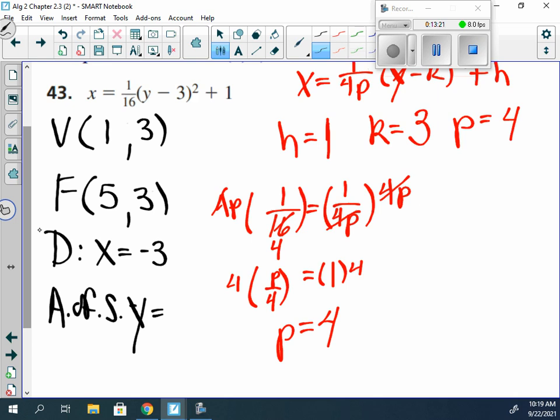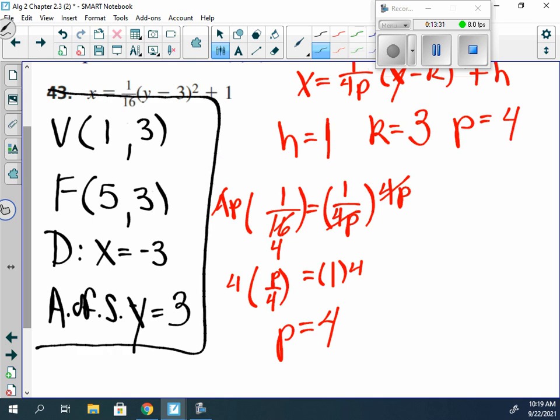Now, if it is helpful to write them out, go on and write them out. And the last one, the axis of symmetry, would be y equals 3. Questions on this here? We good with this here?